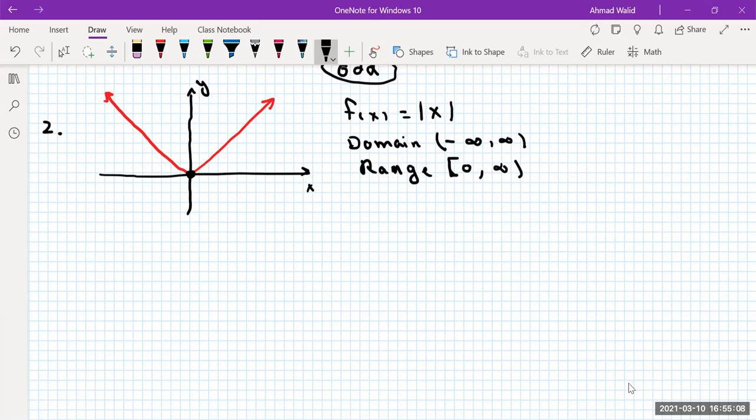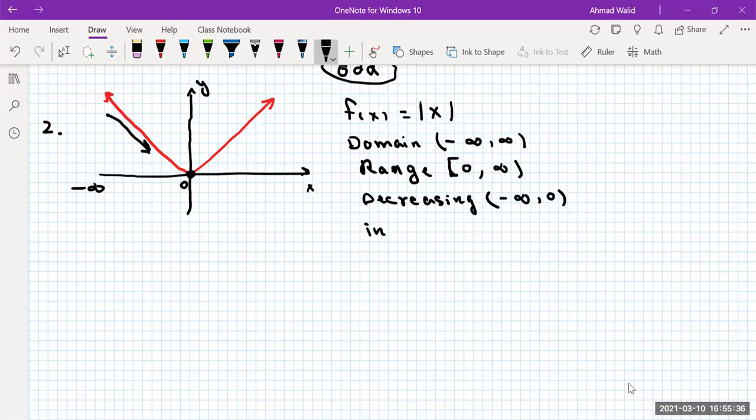This function is decreasing in which interval? Your function is decreasing from negative infinity to 0. It's the interval of decrease.